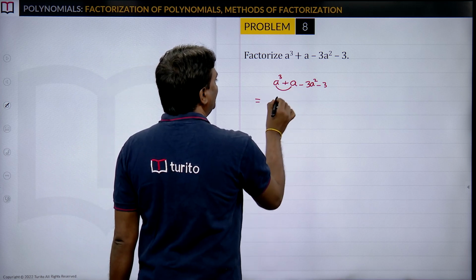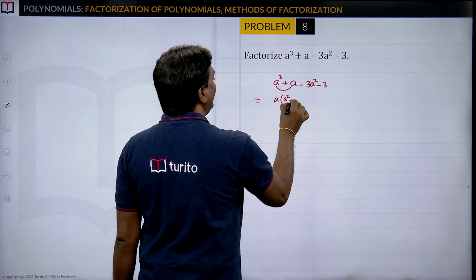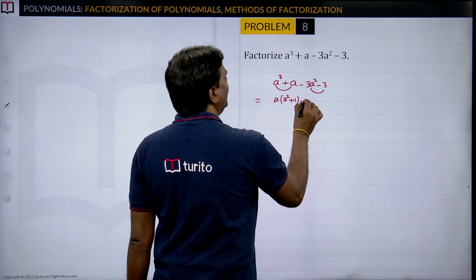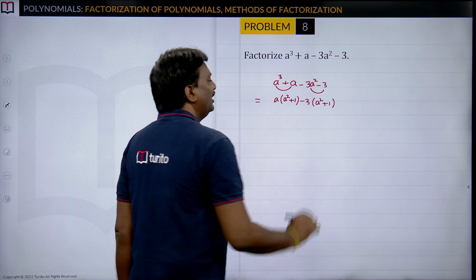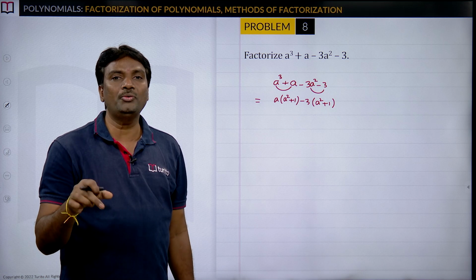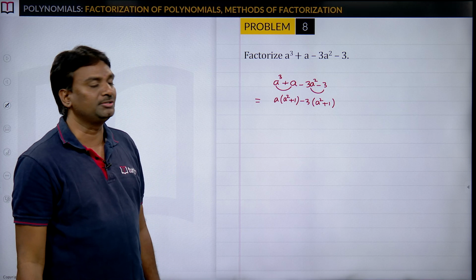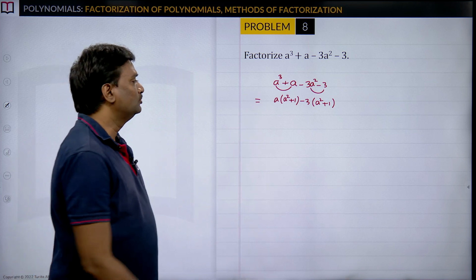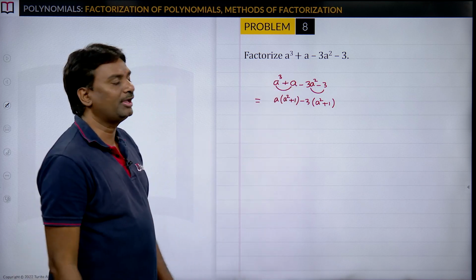From the first two terms I am taking a as common, you will get a² + 1. From -3a² - 3 you will get -3(a² + 1). So, from this you will get a(a² + 1) - 3(a² + 1).